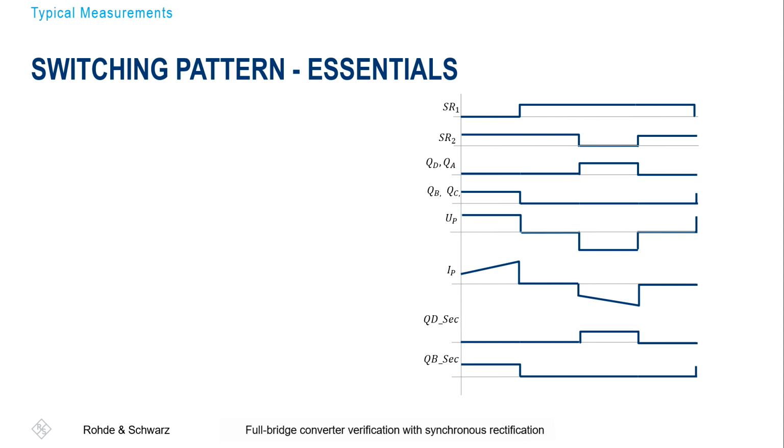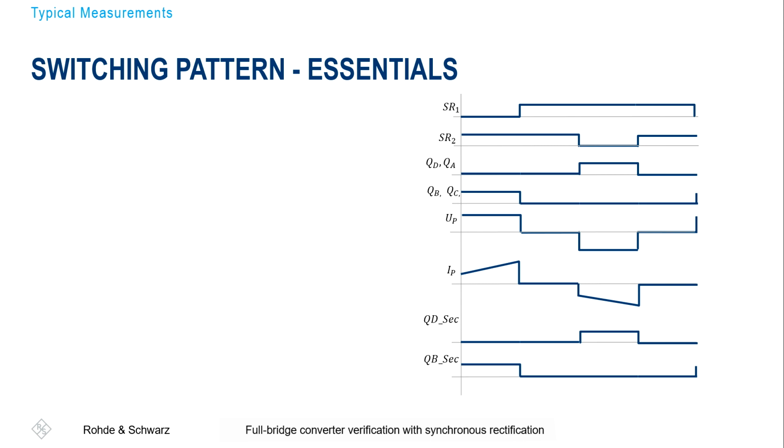But this is measured at the secondary side, directly at the controller. The reason I did that is basically to be able to measure the delay. The information is exactly the same when you compare these two waveforms, but we will have a short delay between the two waveforms.